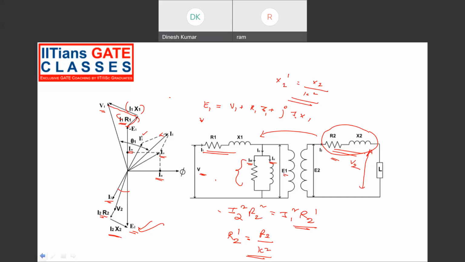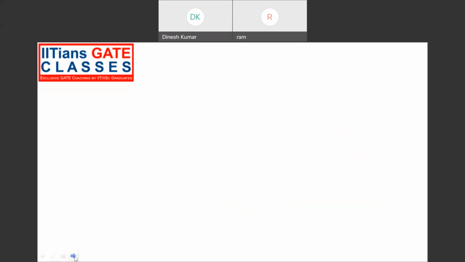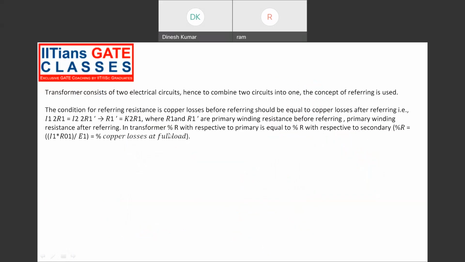Let's go to the next slide. So this is what I have explained, the concept of referring. The transformer consists of two electrical circuits, hence to combine these two circuits into one, we use the concept of referring. The condition for referring resistance is that copper losses before referring should be equal to copper losses after referring.